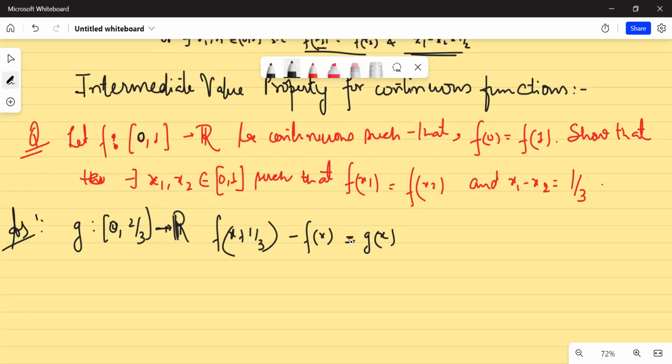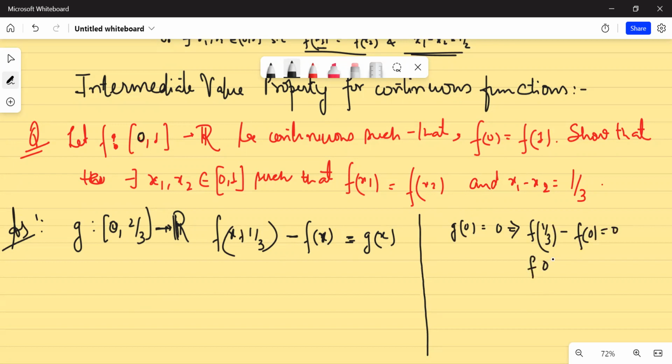such that g(x) is equal to f(x + 1/3) minus f(x). Okay. Now again, those trivial cases I'm writing here. Given that f(0) equals f(1), if g(0) is equal to 0, what does it mean? It means f(1/3) minus f(0) would be equal to 0.